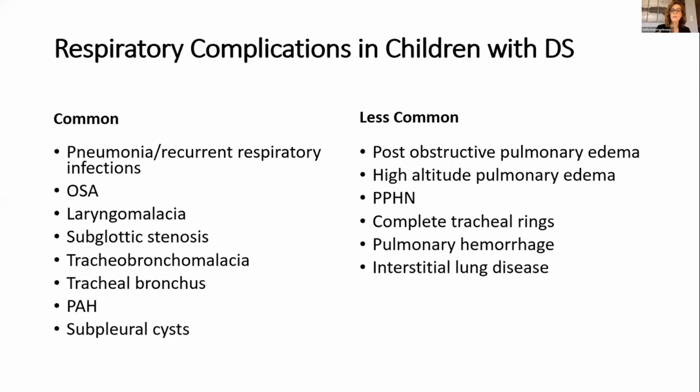One should also be aware of other complications with regards to the pulmonary and vascular system, such as post-op pulmonary edema or high altitude pulmonary edema, as well as pulmonary hemorrhage. These children are predisposed to frequent lower respiratory tract infections.